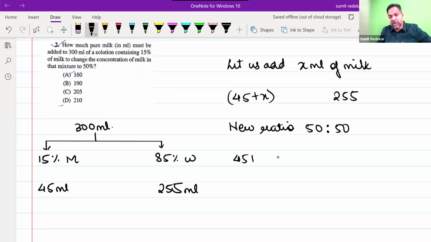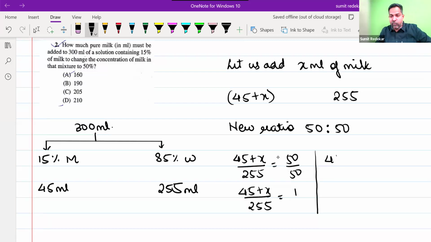Or in other words, 45 plus X upon 255 should be equal to 50-50, which means that 45 plus X upon 255 is 1. Cross multiply, I will say 45 plus X is 255. Basically, they should be equal. 45 goes to the other side.